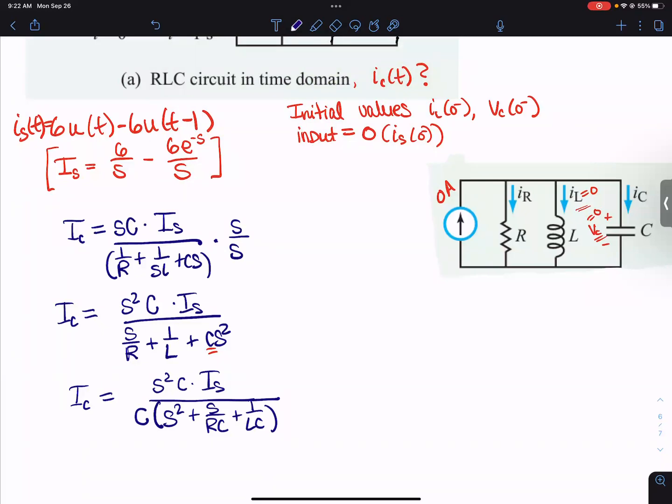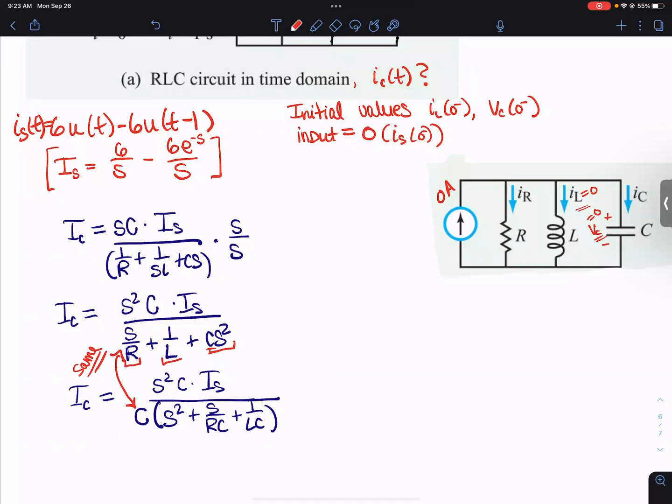So you should be able to see that these are the same. So as I multiply that C in there, that becomes CS squared, which is this term. The second term is S over R, which is this term.